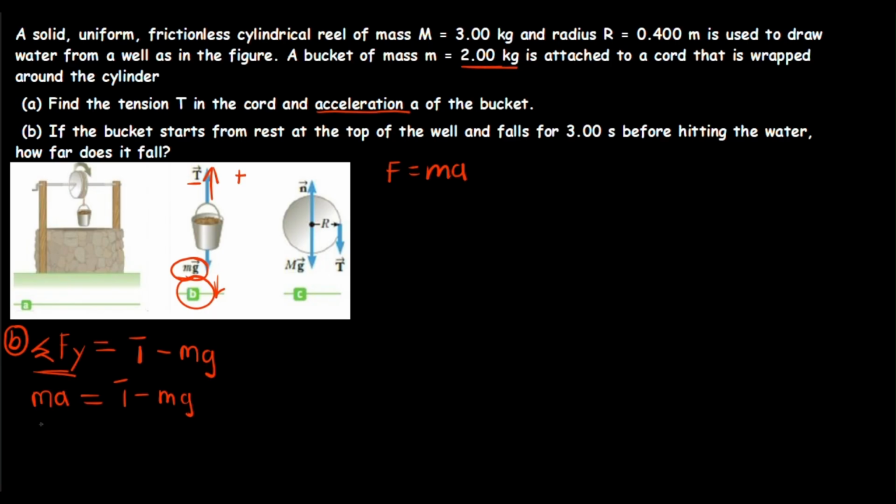So wherever there is mass, I'll put 2: 2a equals T minus 2 times 9.81. When I multiply, the answer you get is 19.62. So that is your first equation on B, the bucket.